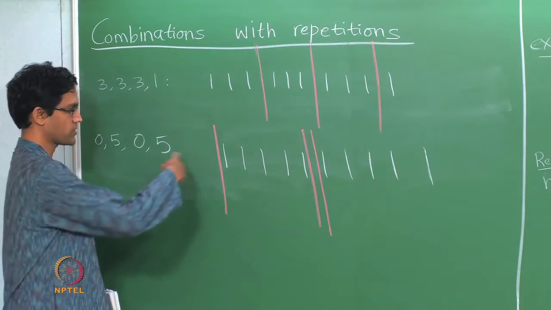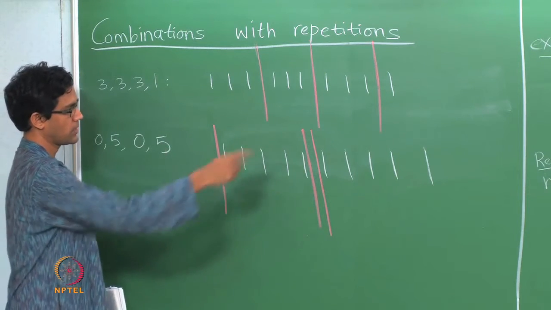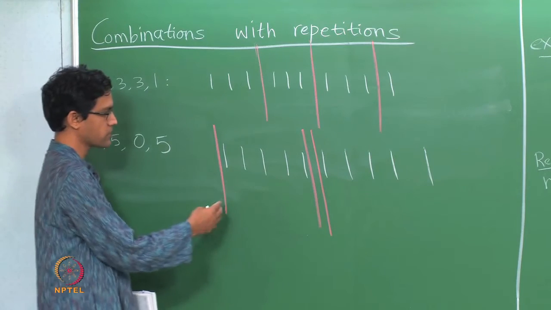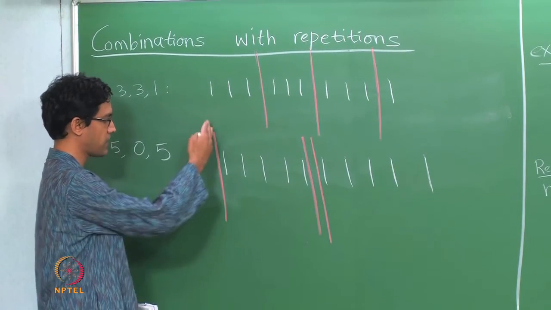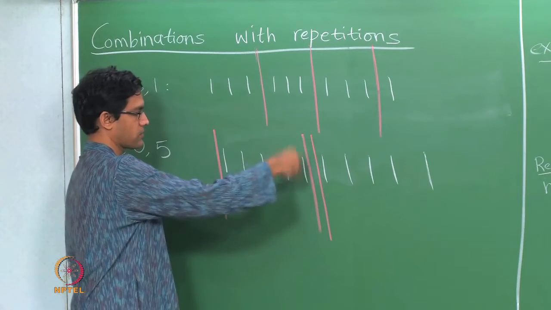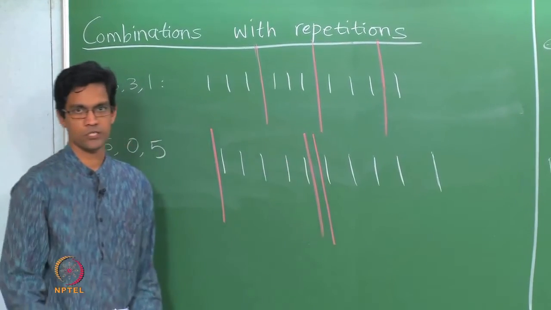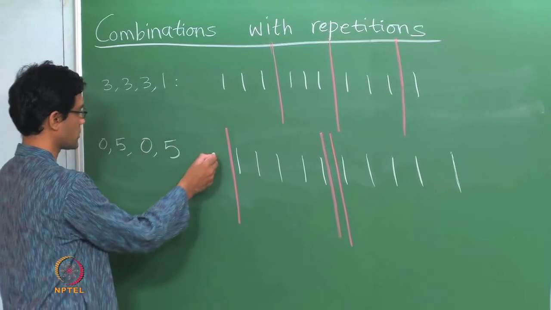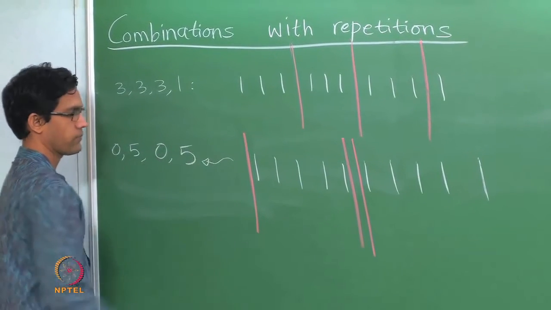Okay. So this picture now, which has these 10 ones with 3 dividers placed in these positions, the first divider right in the beginning and the second and third dividers placed between the 5th and the 6th ones, encodes the solution 0, 5, 0, 5.